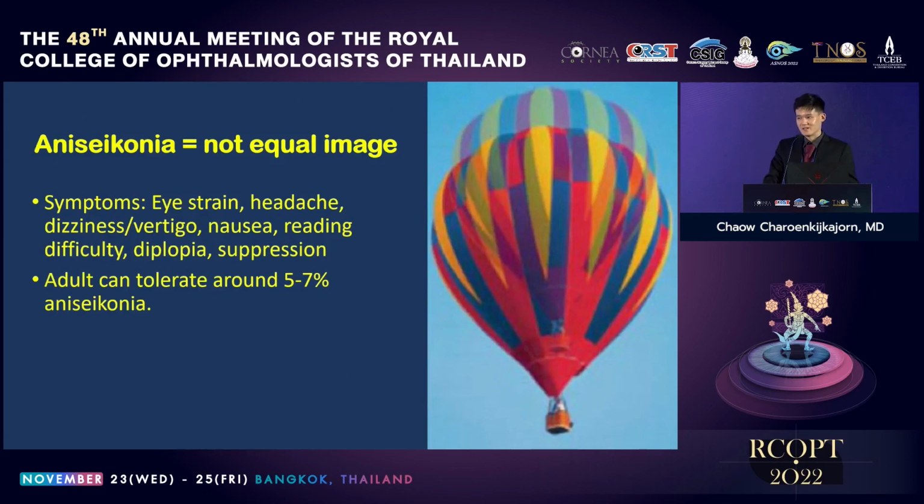And normally, on average, adults can tolerate around 5 to 7% of aniseikonia, but this number varies among individuals. Some people can tolerate much more, and some people develop symptoms of aniseikonia despite a very small amount of aniseikonia.